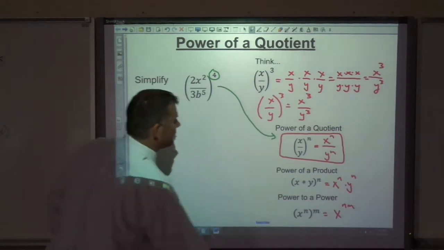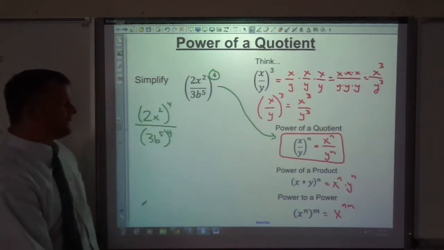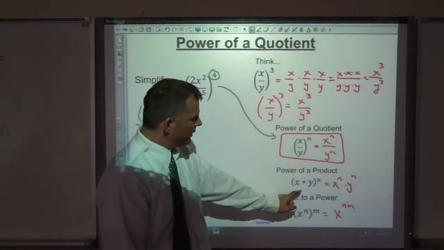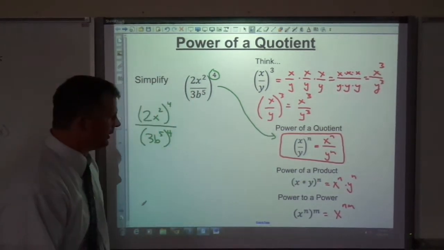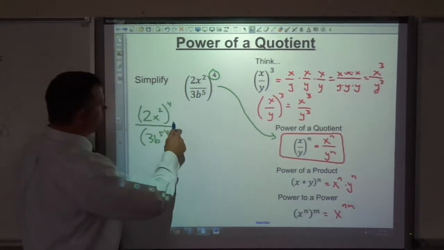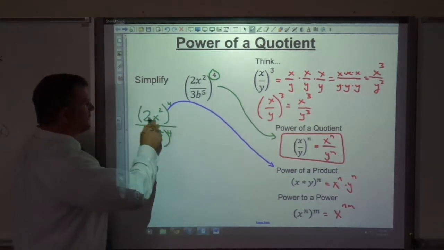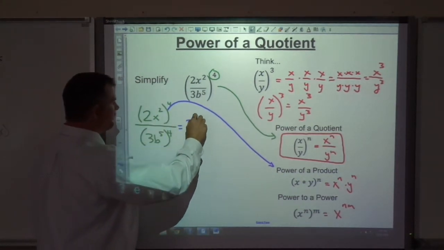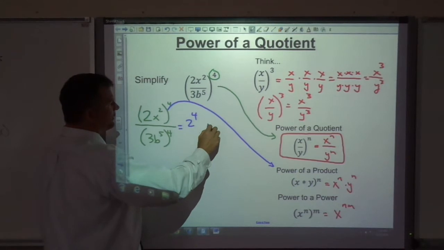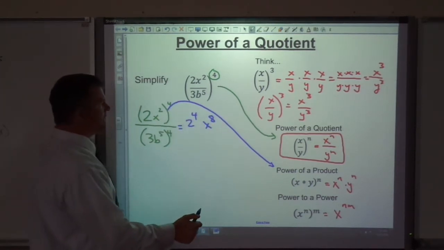Well, when we have two things multiplied and both of them raised to a power, that's what we really have here. We can take the first to the power, then the second to the power. So because of this, we can make this 2 to the fourth and x squared to the fourth. And we know x squared to the fourth is x to the eighth.